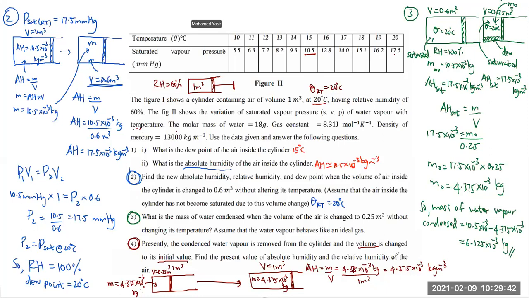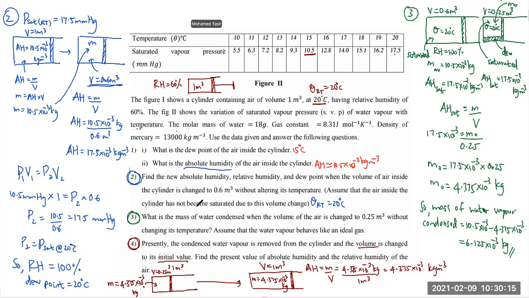And they are asking for the relative humidity. Guys, I think there's a relationship between absolute humidity and pressure. When vapor pressure was 17.5 millimeter mercury, absolute humidity was 17.5 into 10 to the power minus 3 kilogram per meter cube. And when the vapor pressure was 10.5 millimeter mercury, the mass was 10.5 into 10 to the power minus 3 kilograms per meter cube, something like that.